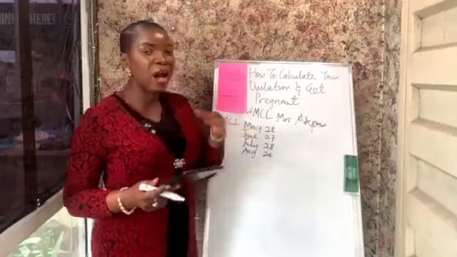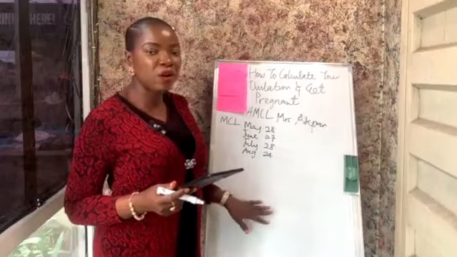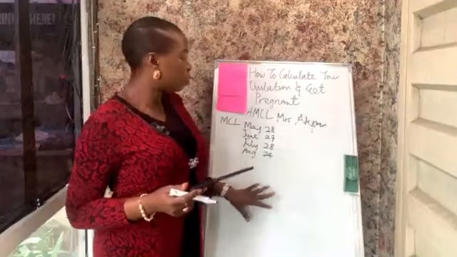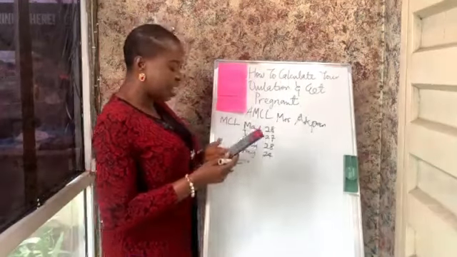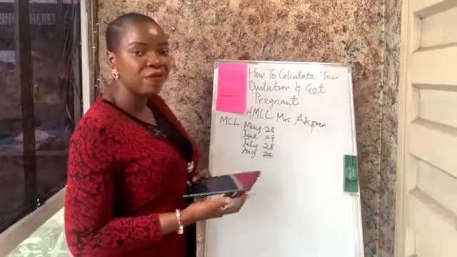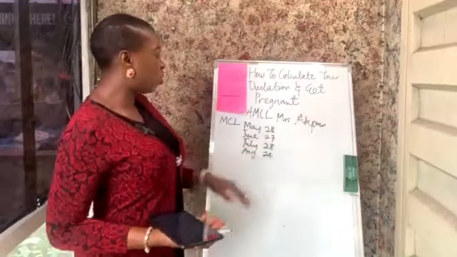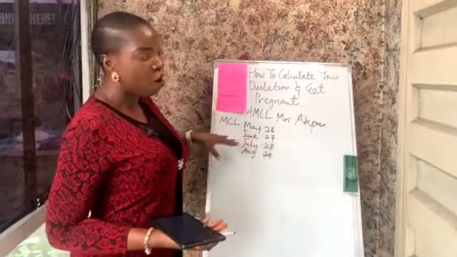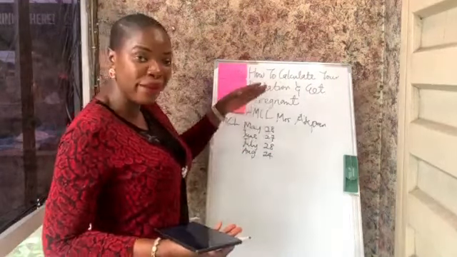Wow. So we are going to be calculating when Mrs. Akpan, who is trying to conceive, will be ovulating. So now let's get going. Remember, I always take you back. Remember, we are looking at the length of these cycles. So firstly, we go back to May.